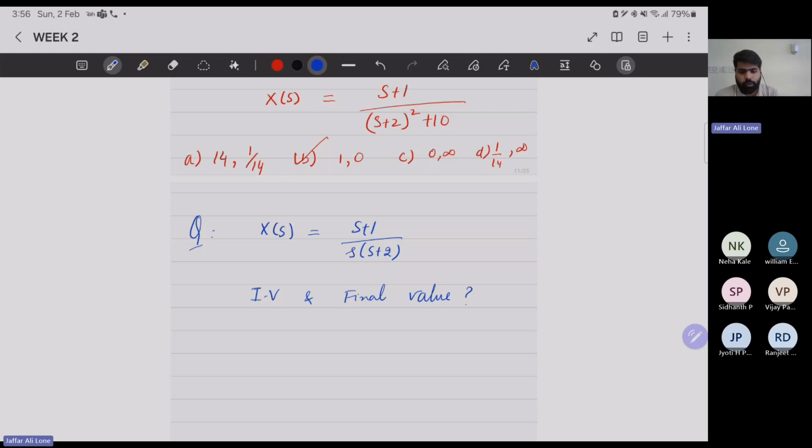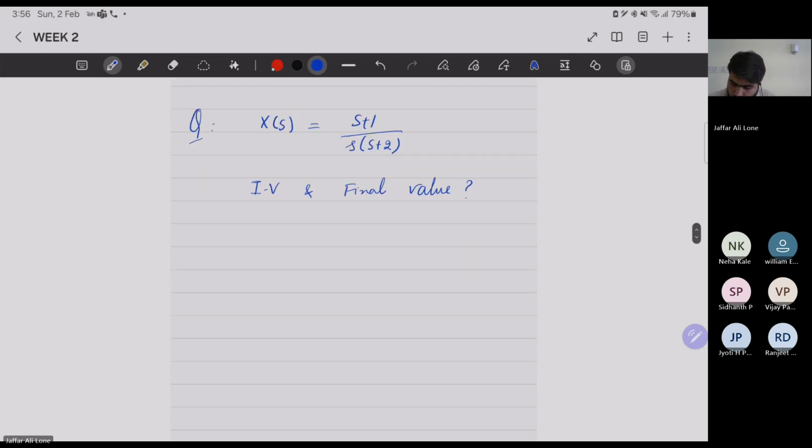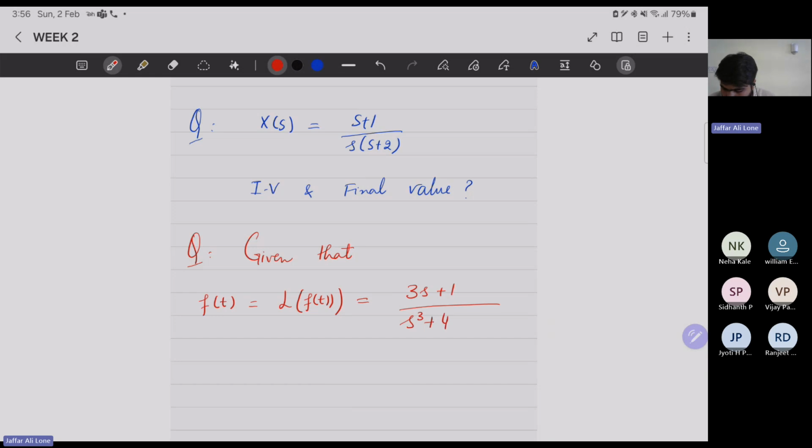Okay, there is this very important, very interesting question. Let's do this. Question. Given that f of t, or the Laplace transform of f of t, is equal to 3s plus 1 divided by s cube plus 4s square plus k minus 3 into s.